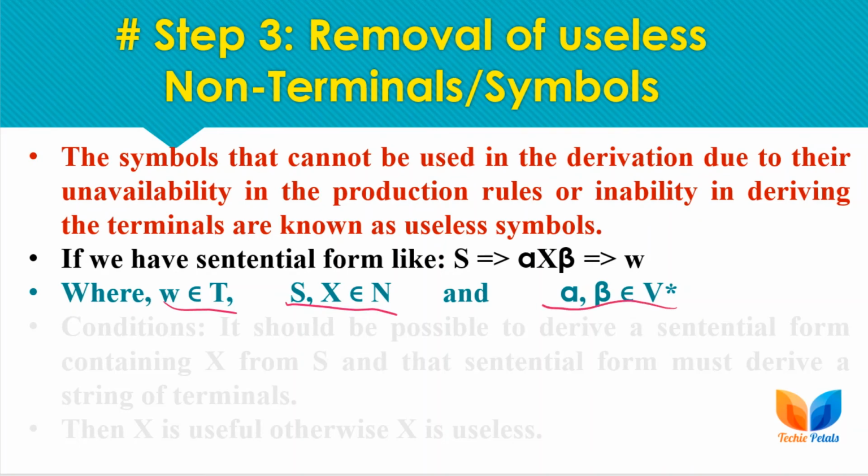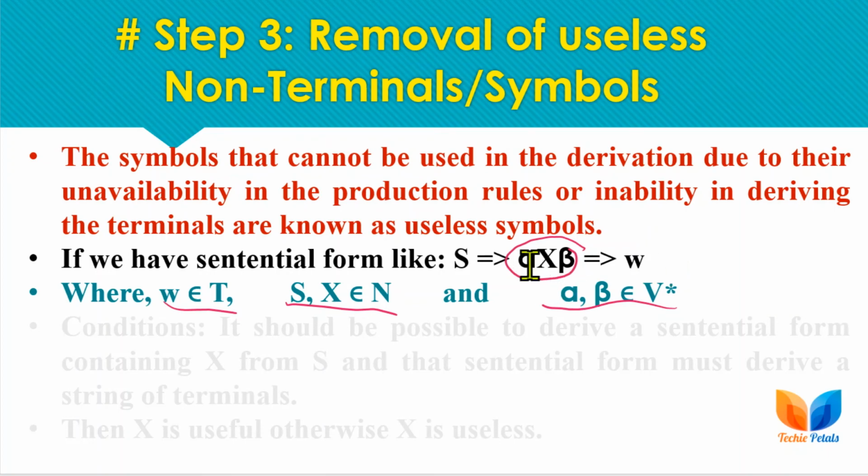If we can derive X in any sentential form, then we can say that X is useful. But if X can appear in a sentential form but cannot derive any string of terminals, even then we can declare X a useless symbol.